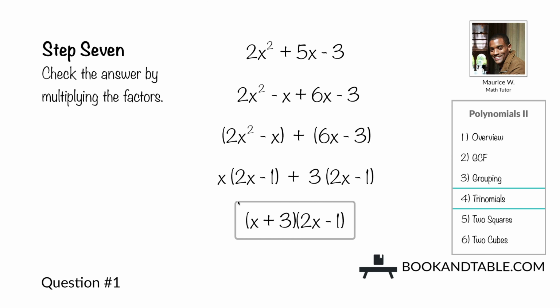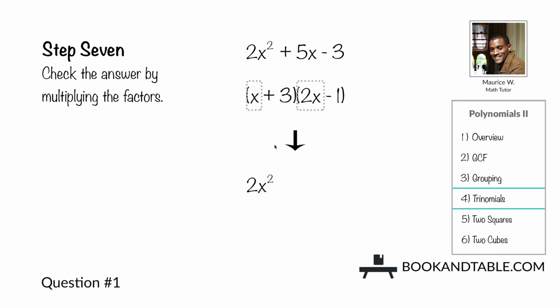And now step 7, check the answer by multiplying the factors, x plus 3 and 2x minus 1, giving us x times 2x, which is 2x squared. X times negative 1 is negative x. 3 times 2x is positive 6x. Negative x plus 6x is positive 5x.